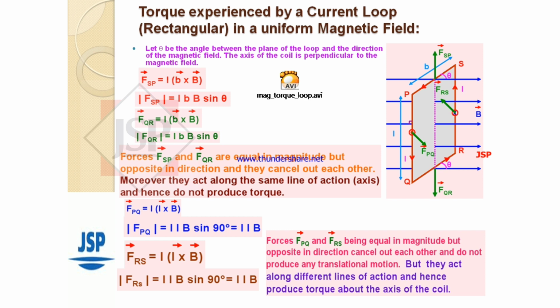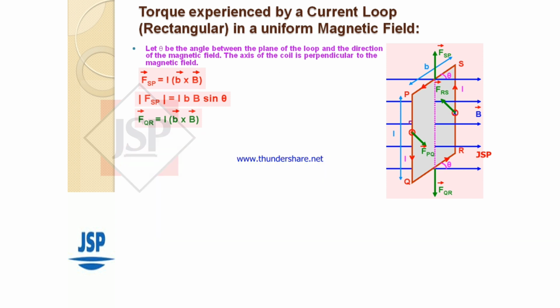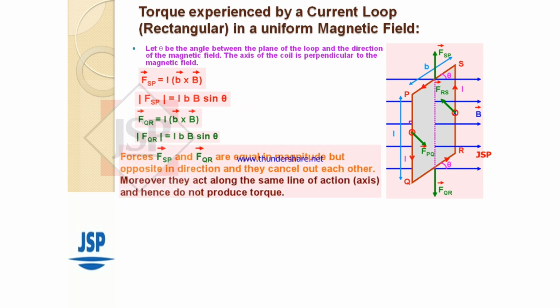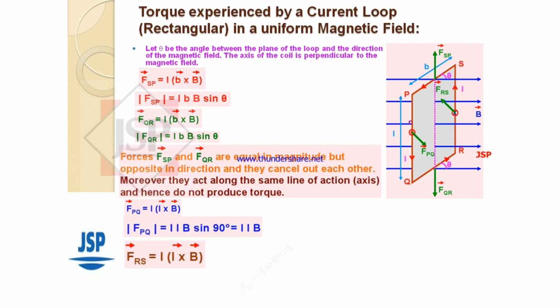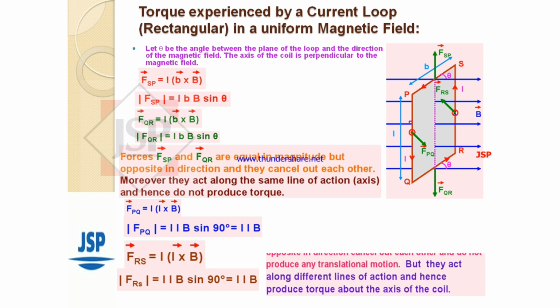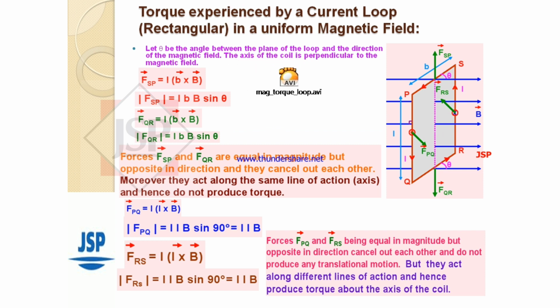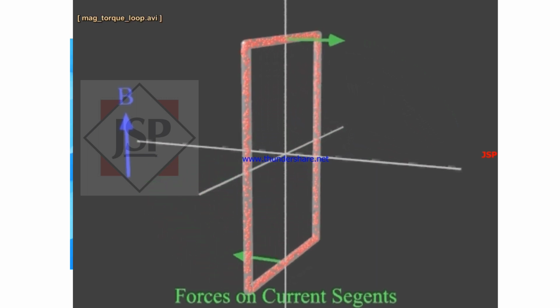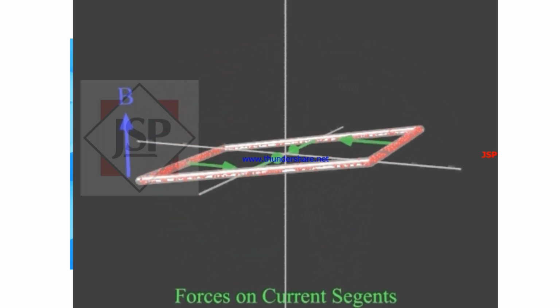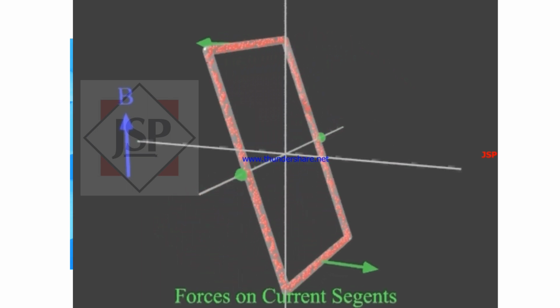So here sin 90 equal to 1, therefore I into L into B. F vector RS equal to I L vector cross B vector, or modulus of F RS equal to I L B sin 90 degrees, that is equal to I L B. Forces F PQ vector and F RS vector, being equal in magnitude but opposite in direction, cancel out each other and do not produce any translation motion, but they act along different lines of action and hence produce torque about the axis of the coil.